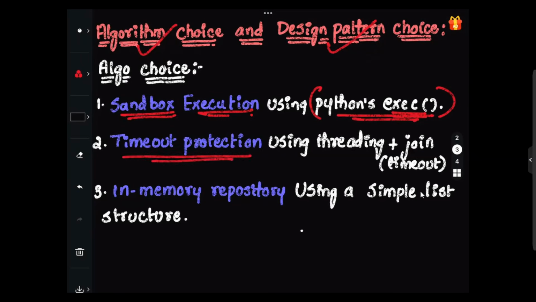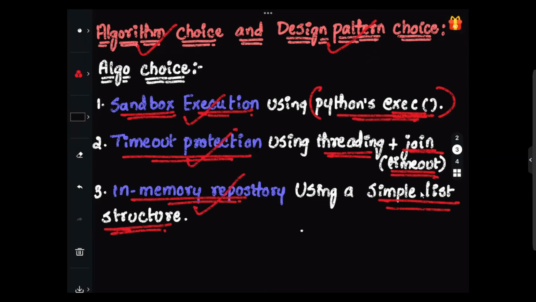Next, we will be going with the timeout protection using threading along with join with timeout. And an in-memory repository using a simple list structure.